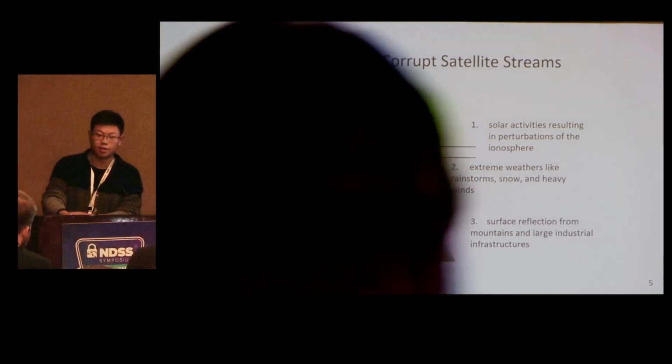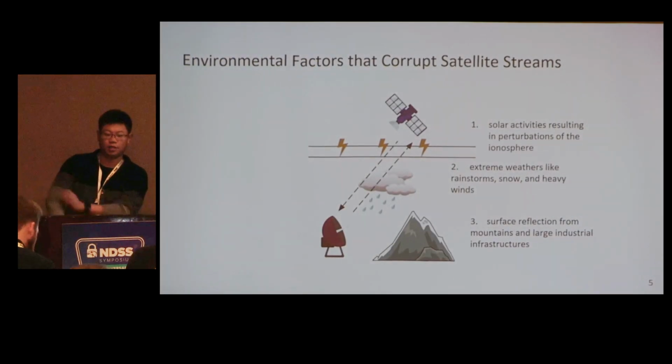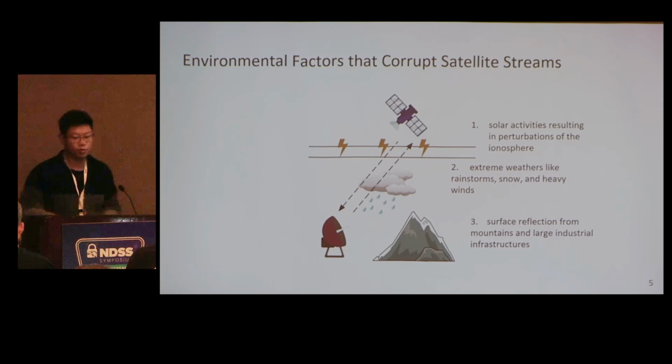The third environmental factor that can corrupt the stream is surface refraction from mountains and large industrial infrastructures, for example, the towers in the factories.